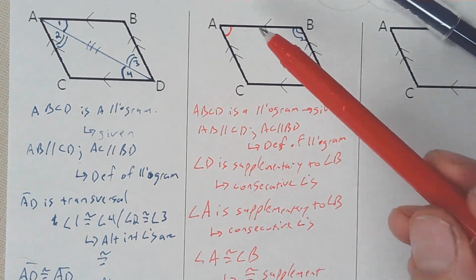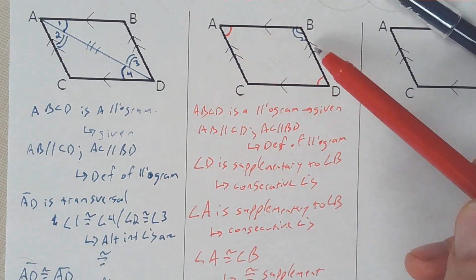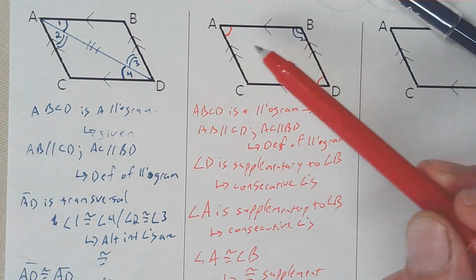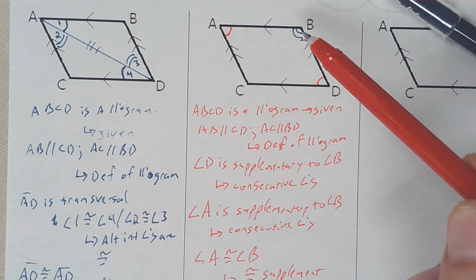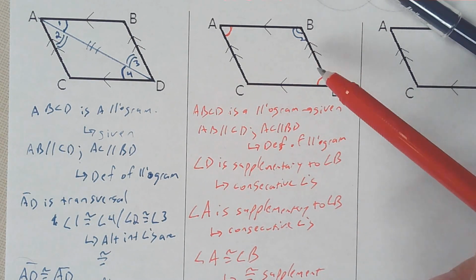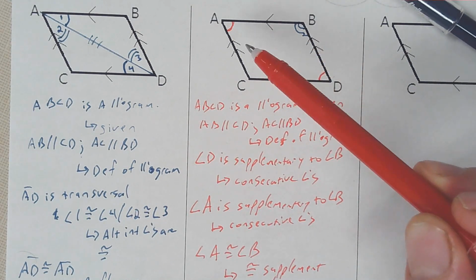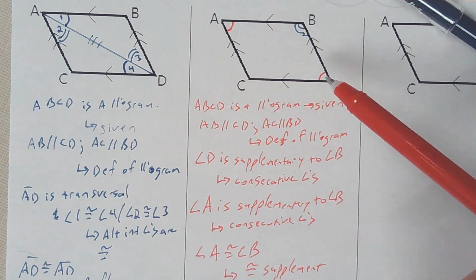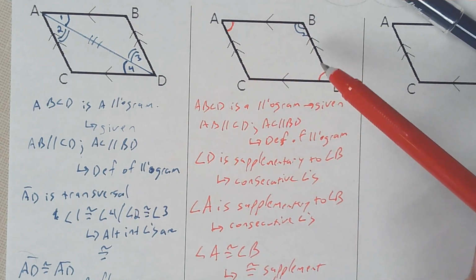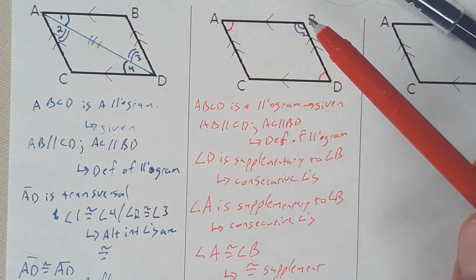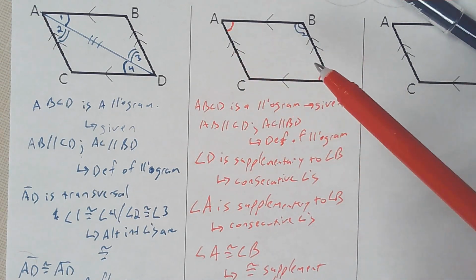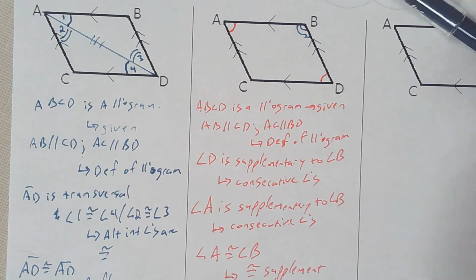Because you have two supplementary angles. It says that two angles that are supplementary to this angle are congruent. So this is supplementary to this, and this is supplementary to this, so these two angles must be congruent, right?